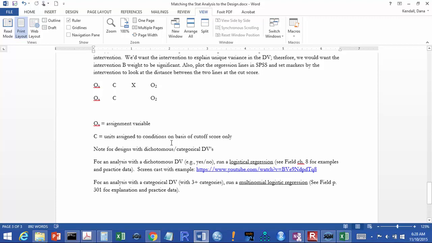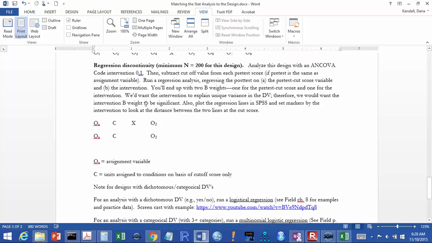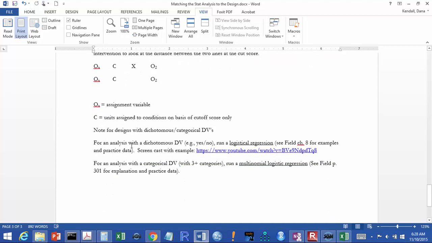Note for designs with dichotomous or categorical DVs. So this is just in general. This doesn't necessarily apply solely to regression discontinuity, but dichotomous DVs are a little bit more of a hassle to deal with, I would say, and they are basically where we're trying to predict a category that a person will fall into based on their involvement in the intervention.